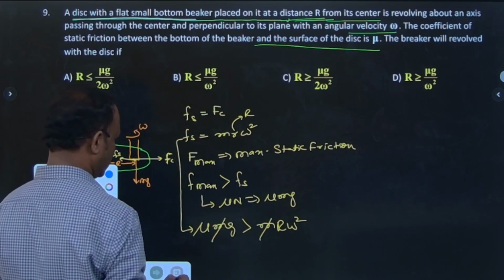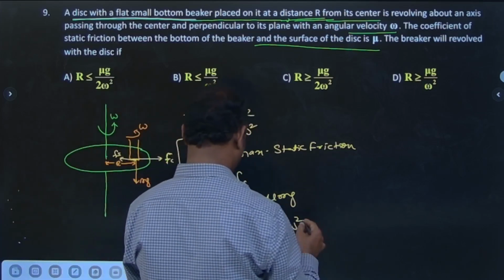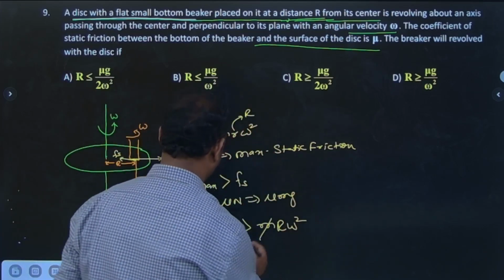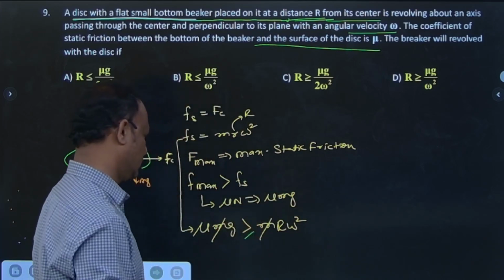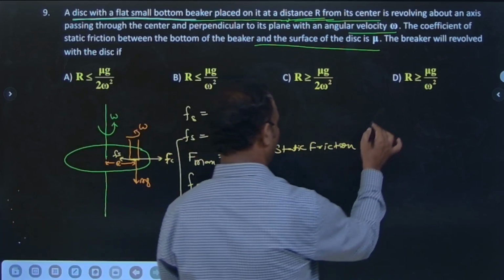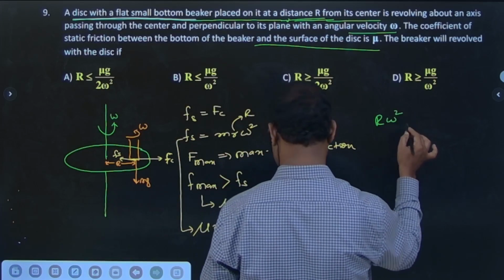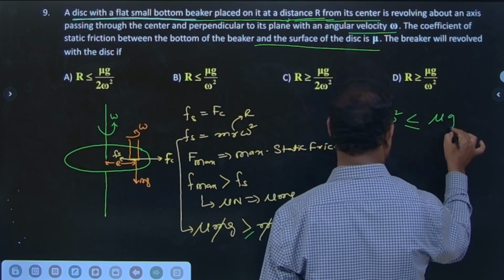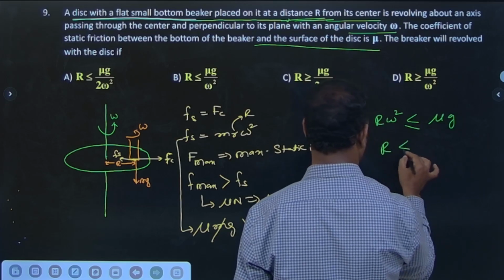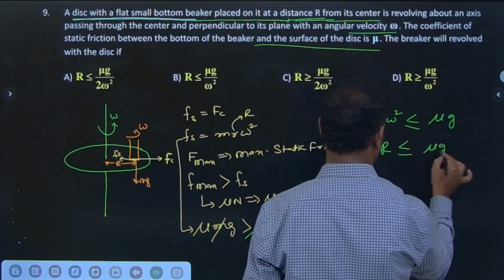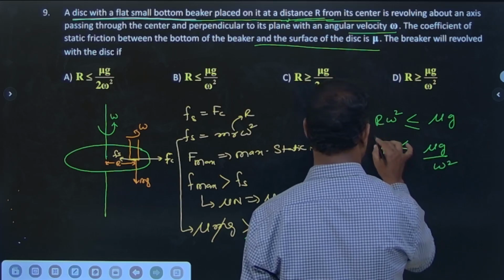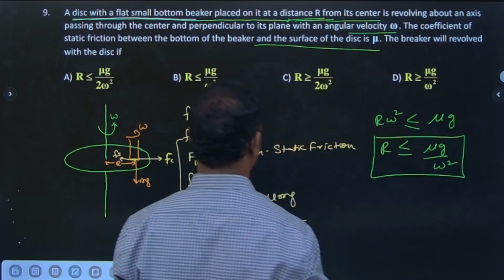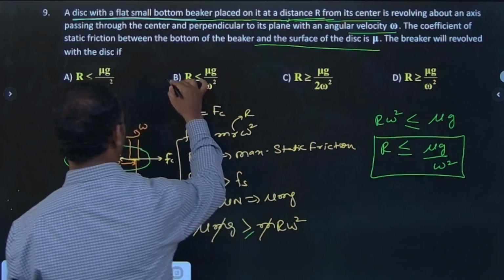Now we are talking about r: r omega square is less than or equal to mu into g. So R is less than or equal to mu g by omega square.